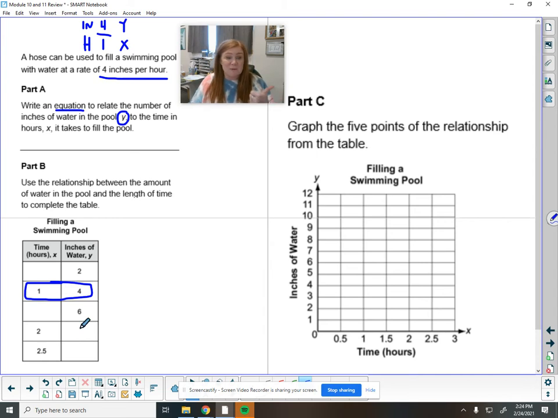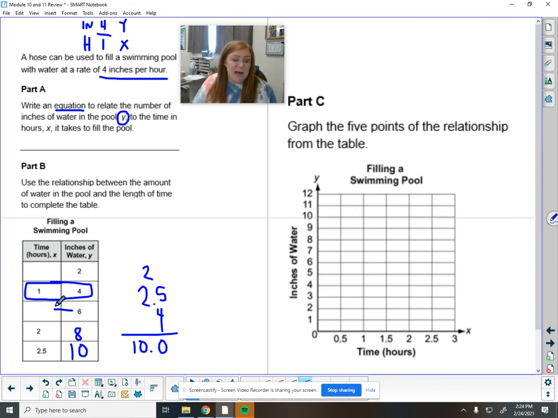Every hour was 4, so now it's been 2 hours, that's 8. Now, if it's been 2.5, 2.5 times 4 is 8, 9, 10. So after 2.5 hours, they'll get 10 inches.